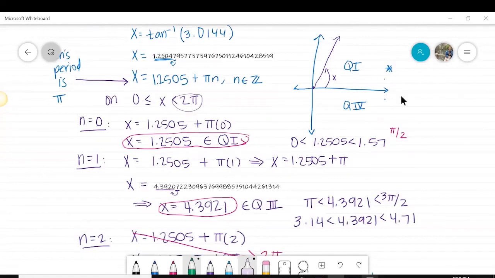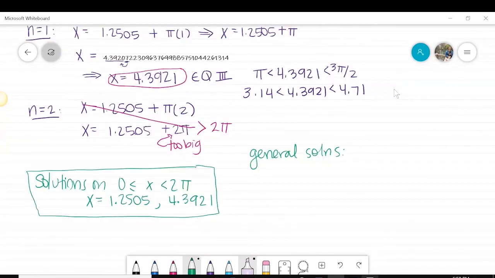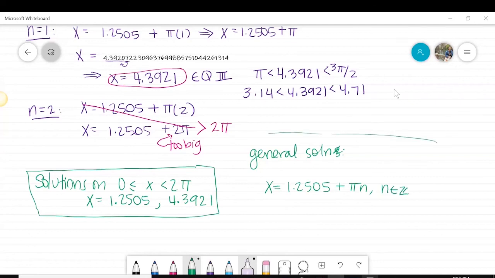So your general solution is x is 1.2505, again rounded, so adjust accordingly if needed, where n is an integer. So this is not necessarily an answer that was requested here. Again, it's just so you can adapt depending on the question type. This represents any potential answer that's out there. This represents two specific answers that live on this particular interval. All right, that's all for this one.